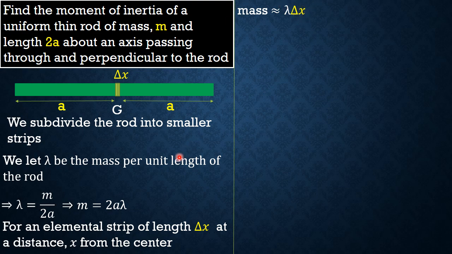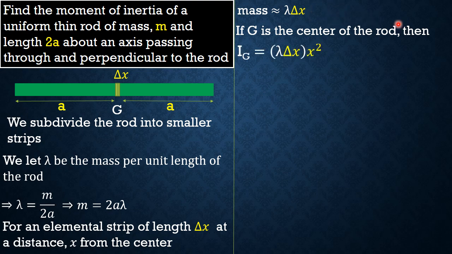From this formula, lambda remains lambda, and our length in this case is delta x, as the statement suggested, an elemental strip of length delta x. So we have the mass to be lambda times delta x.